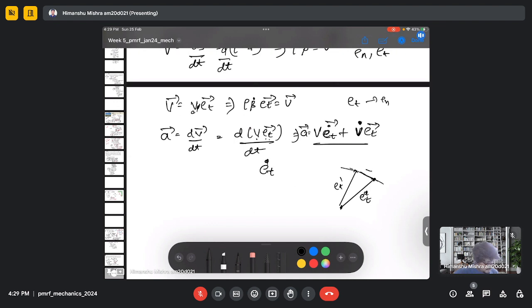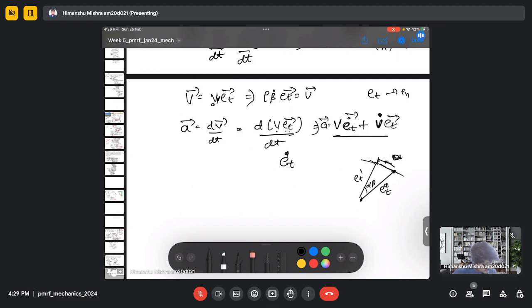And this normal direction can be represented by En. And this is my d beta.